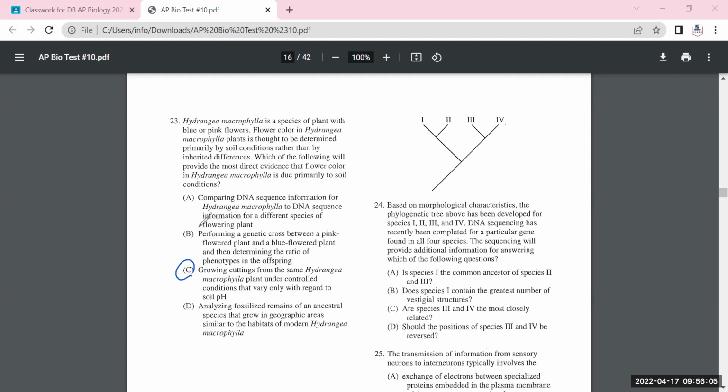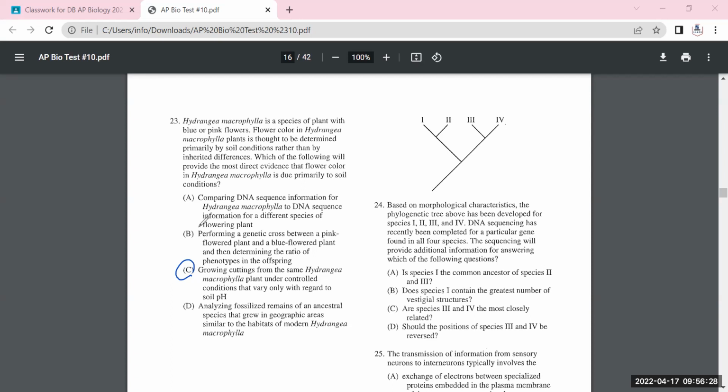All of your conditions, besides your independent variable, have to stay constant. And then measure your pH. All right. So based on the pH of the soil, you're going to have different heights of your plants.